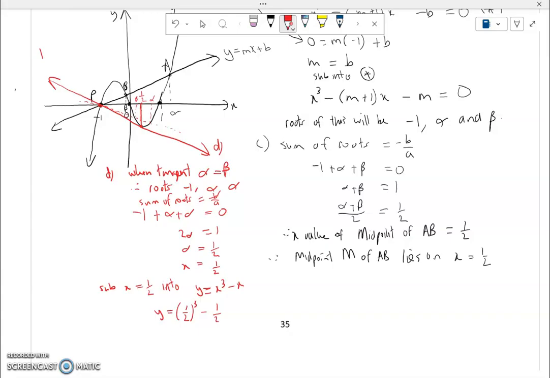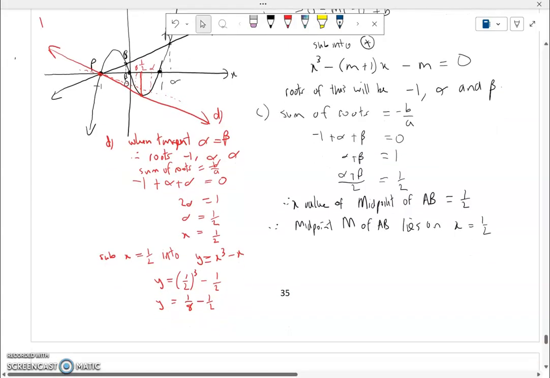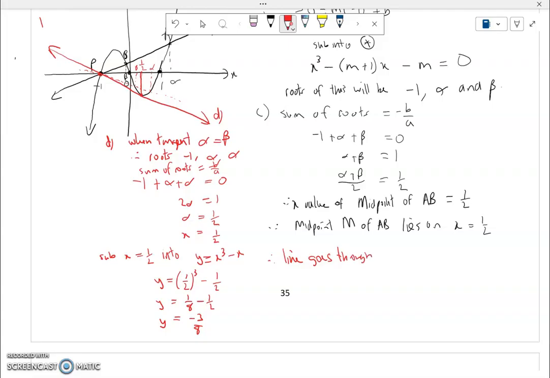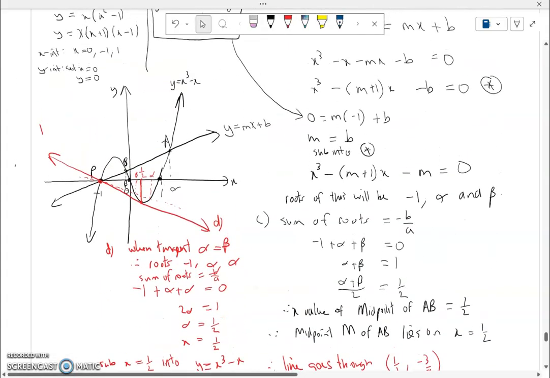And if you do that, that's 1 on 8 minus a half, which is -3 on 8. So therefore, we're after the equation of the line. The line goes through the point half, -3 on 8.